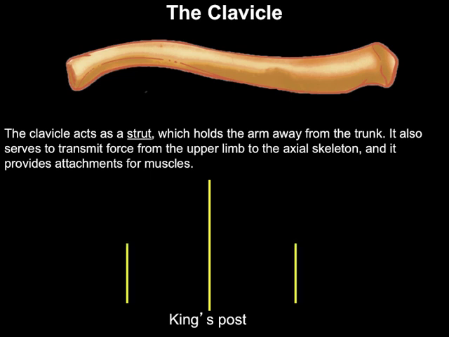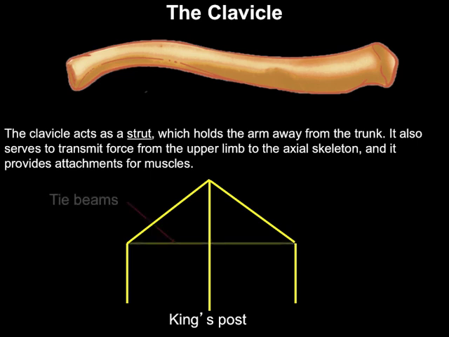Next, walls are erected. And finally, the roof is placed to extend from the king's post to the walls. Although this simple A-frame house can provide shelter from the elements, it is minimally stable. Any strong wind could easily knock down the structure.